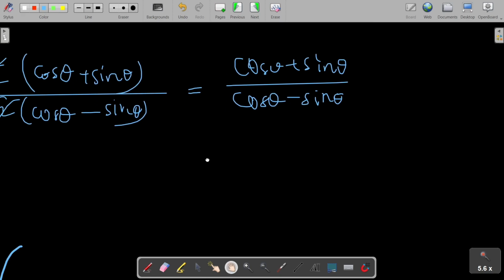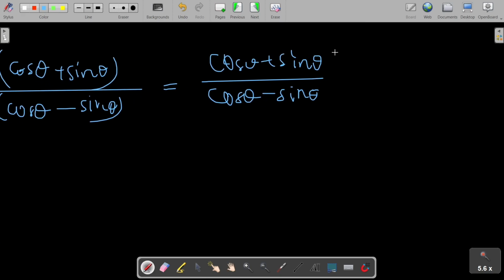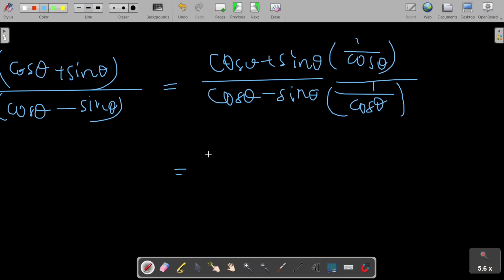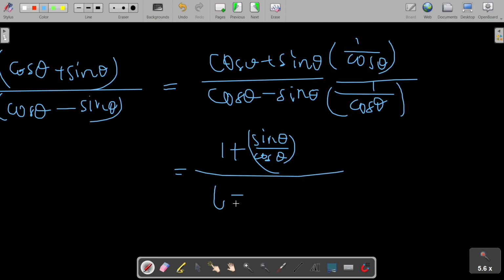If I divide cosine theta on top and cosine theta on bottom, then this becomes 1, and this term becomes 1 minus sine theta over cosine theta.